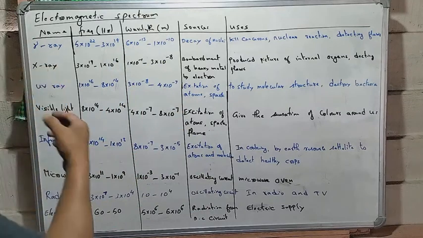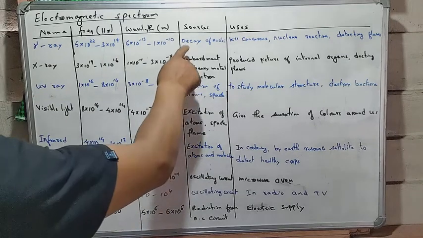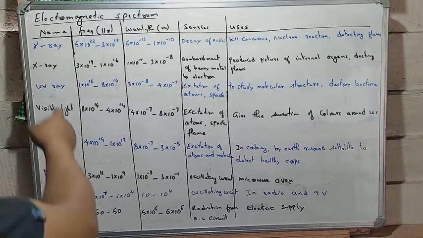This gamma ray is produced by the decay of nuclei. In radioactive decay, I don't know whether you have done it or not, but it is there in this class 12. If you have not done it yet, you will learn it later: when a nucleus decays, it always produces radiation, and that radiation is a gamma ray.